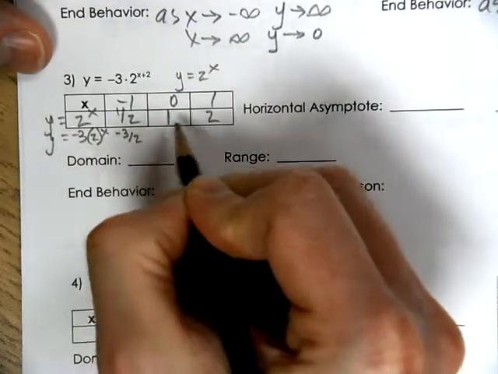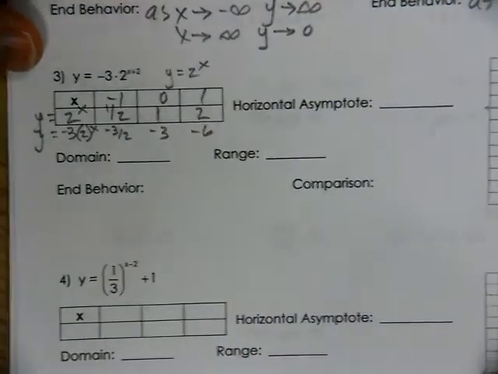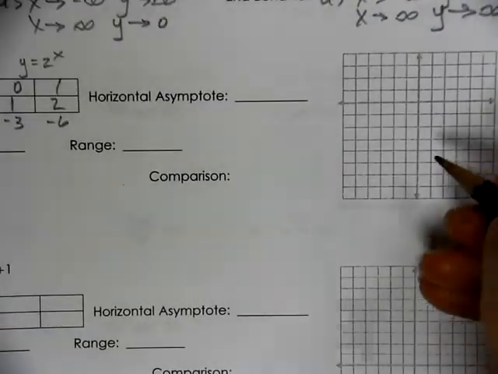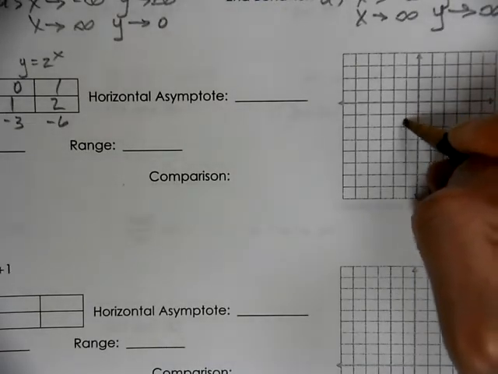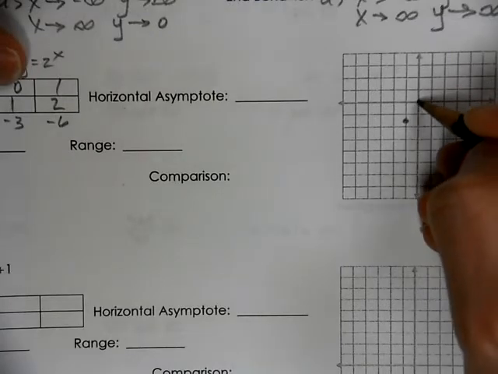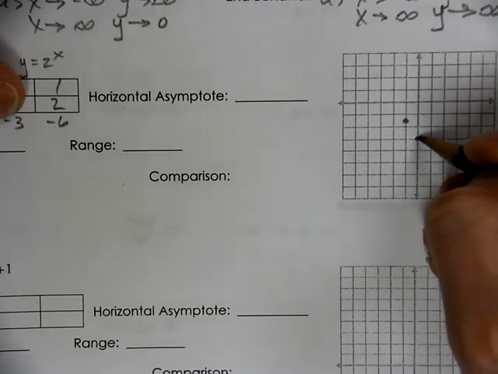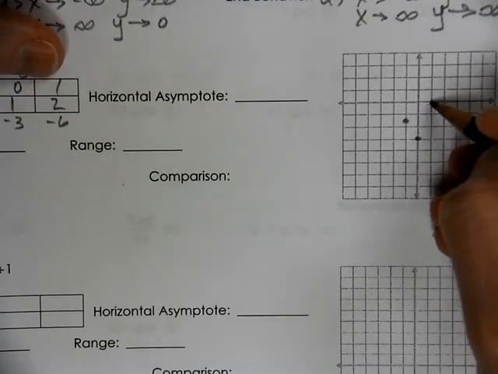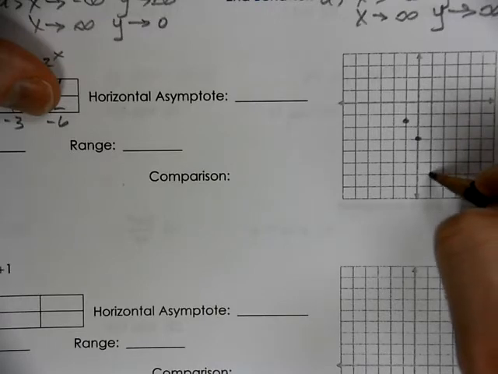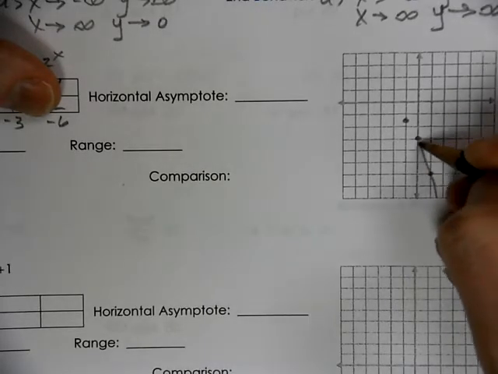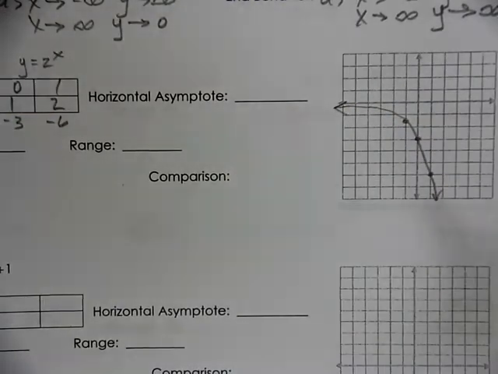So -3 over 2, -3, and -6. So at -1, we're going to be at -1.5. At 0, we're going to be at -3. And at 1, we're going to be at -6. And that approaches our 0.